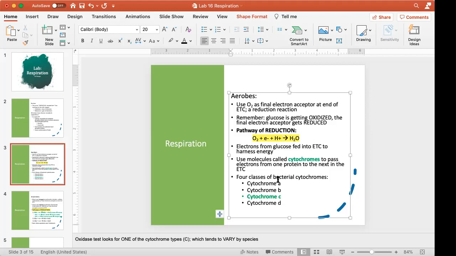There's cytochrome A, B, C, and D. We're going to focus on cytochrome C today because we can test to see which type of cytochrome a species of bacteria has. And cytochrome C is going to be meaningful to us, as I'll explain in just a minute.